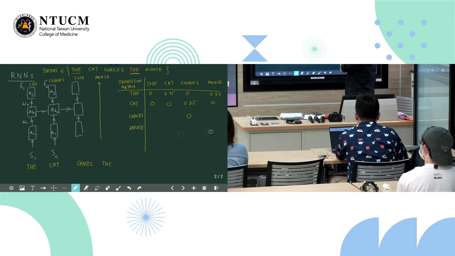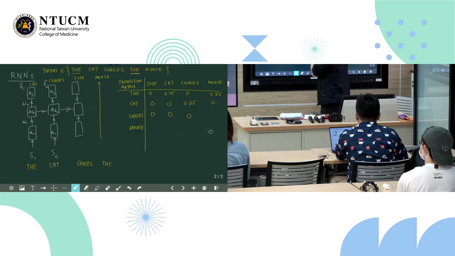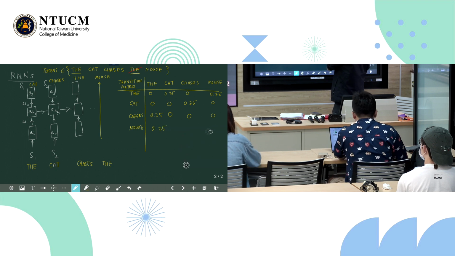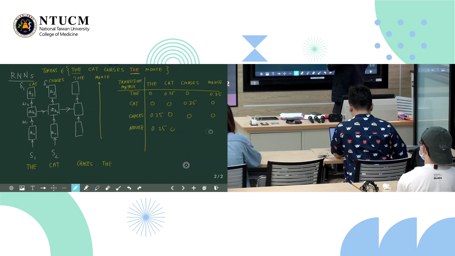Cat mouse, 0. Chases the, 0. Chases cat. Chases the has. And the mouse, 0.25. And then cat mouse, 0. Mouse chases, 0. This asymmetric matrix sort of represents this sentence.